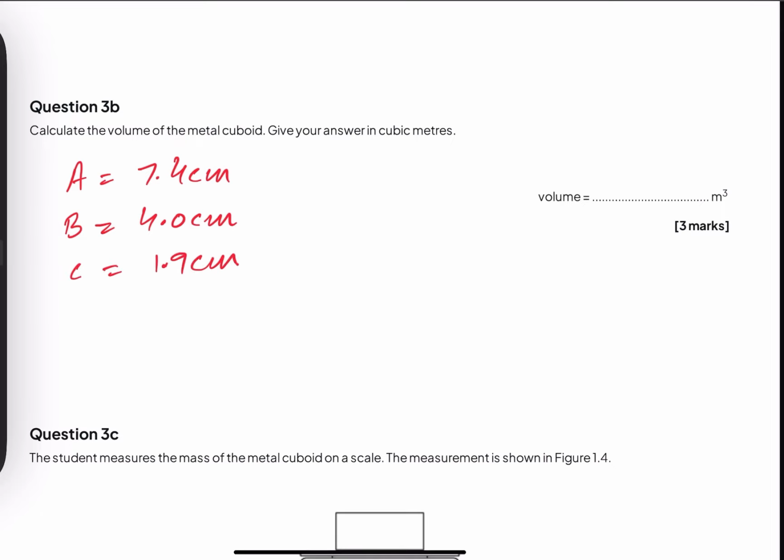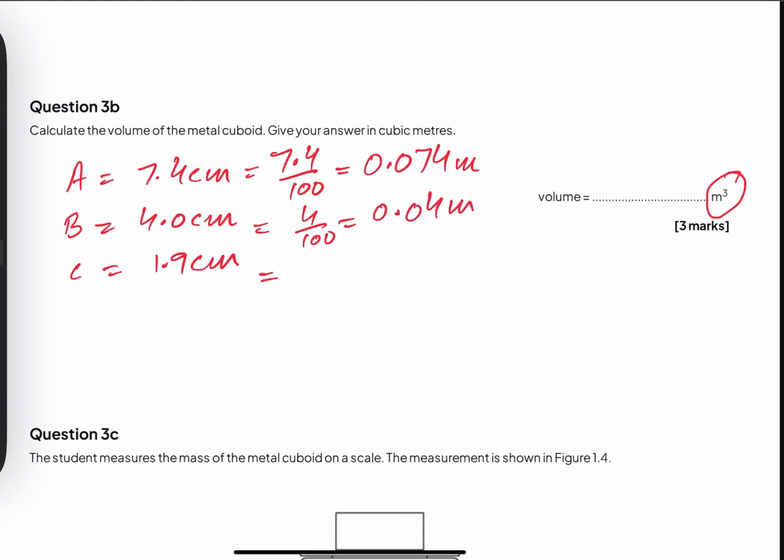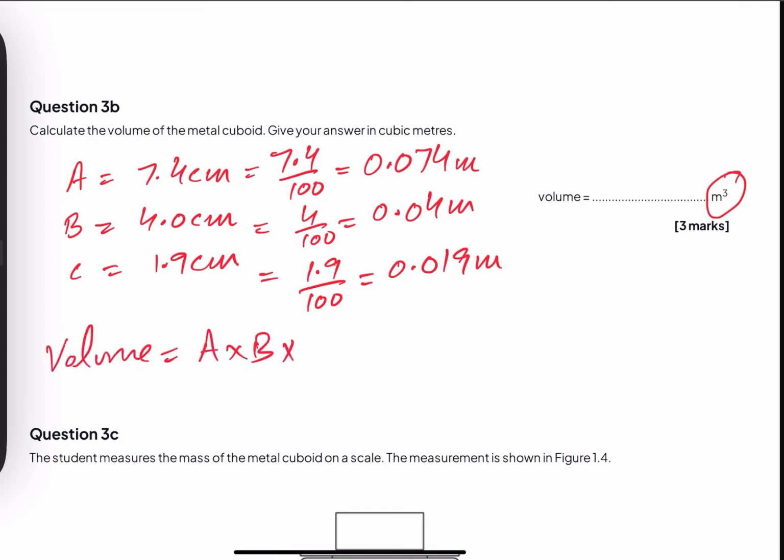But we have to write the volume in meters, so we have to convert these centimeters into meters first. 7.4 divided by 100 will give you the answer in meters, that is 0.074 meters. You have to convert the others as well. This will give you 0.04 meters, and 1.9 divided by 100 will give 0.019 meters. Volume is basically the multiplication of all the sides.